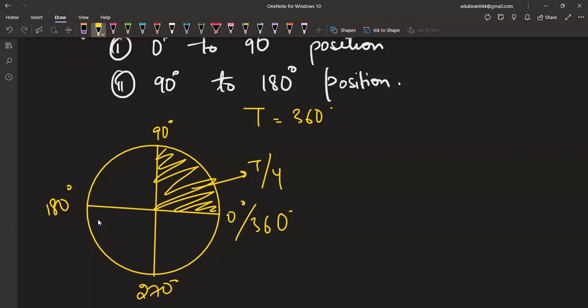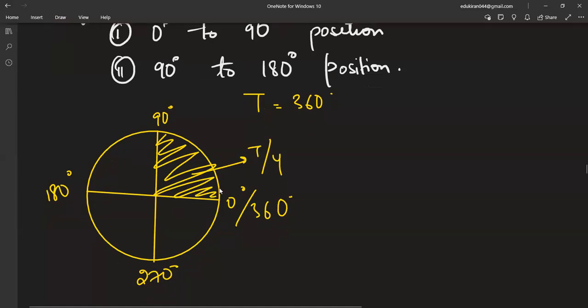Your time will be again t by 4. If it is from, let's say, 90 to 360, so 1, 2, 3, that is 3t by 4. In the first part, what it's saying, 0 to 90. So 0 to 90 degree means t by 4.